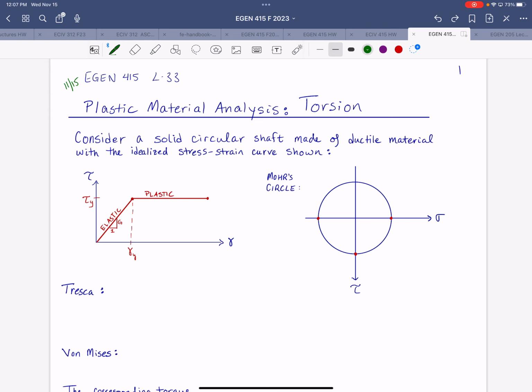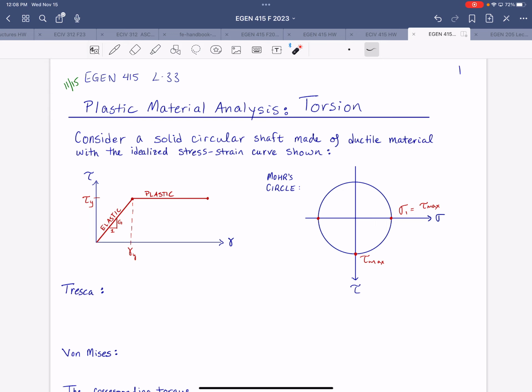If we are considering the case of pure torsion, then our Mohr's circle will be perfectly centered on the origin. Over here, we would have a principal stress equal to max torsion. This would really be our max torsion point, pure torsion.